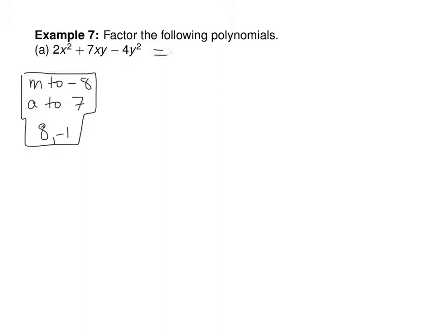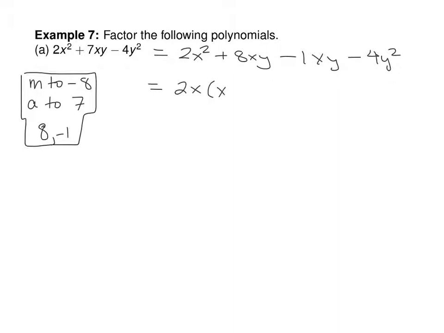So that is the same thing as 2x squared plus 8xy minus 1xy minus 4y squared. So the only difference there is that your middle term is not just x, it's xy. Now in your first pair of terms, your GCF is 2x.